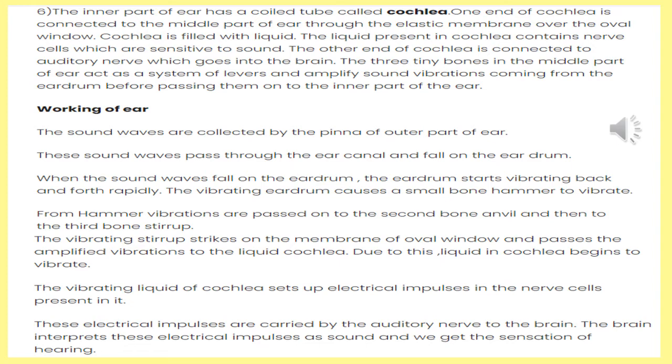The vibrating liquid of the cochlea sets off electrical impulses in the nerve cells present in it. These nerve cells are known as auditory nerve cells. These electrical impulses are carried by the auditory nerve to the brain. The brain interprets these electrical impulses as sound and we get the sensation of hearing.